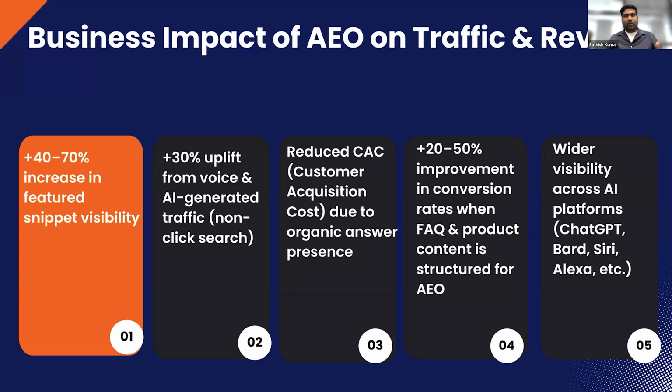Is your overall cost per acquisition coming down, or are your conversions improving because you have built trust with the customers? And since you're visible across multiple brands, you can also see how your brand visibility is. These are the business values we feel you would get with answer engine optimization.